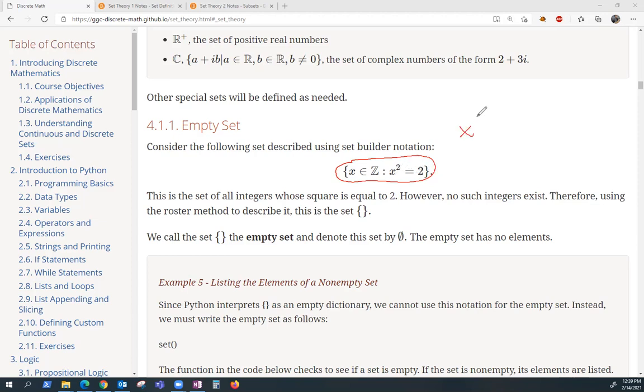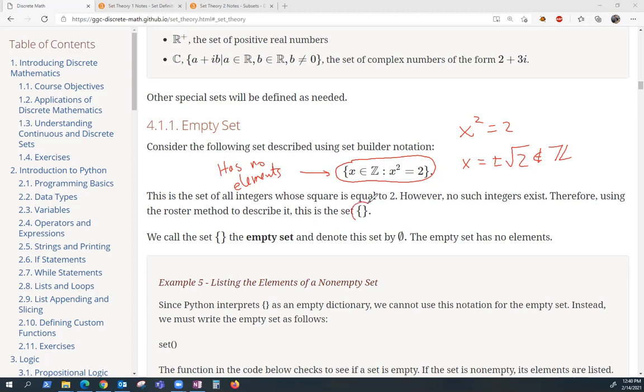Well, you can't solve this equation, x squared equals 2, and still have an integer, because if you take square roots of both sides, you're going to get x equals plus or minus root 2. And the square root of 2 is not an integer. So this set that I'm trying to describe in set builder notation has no elements. It's the set with no elements, and it's called the empty set.